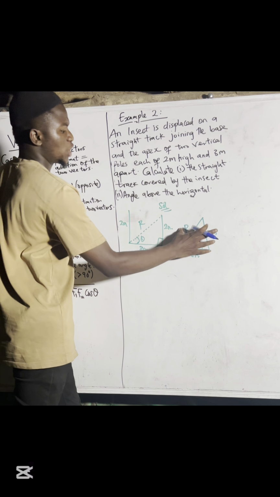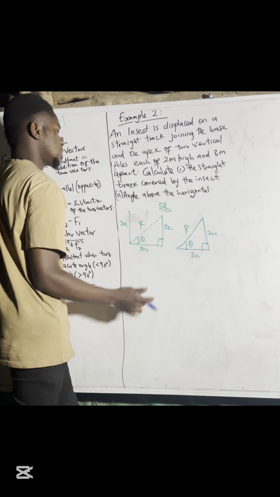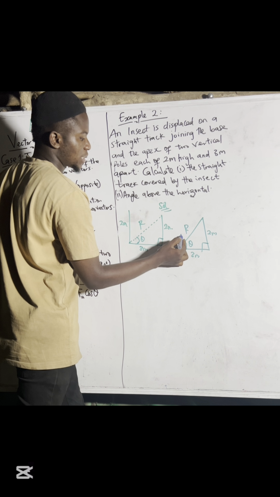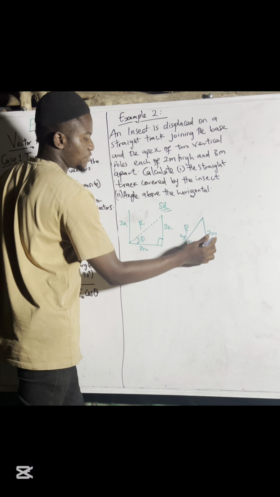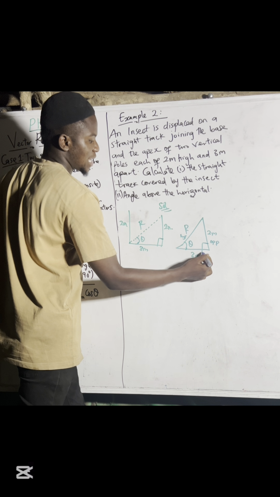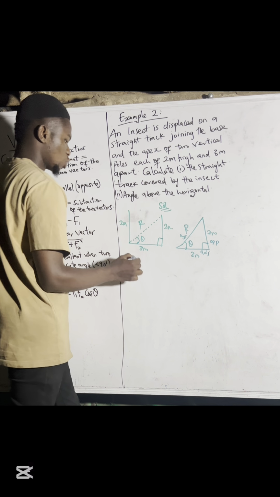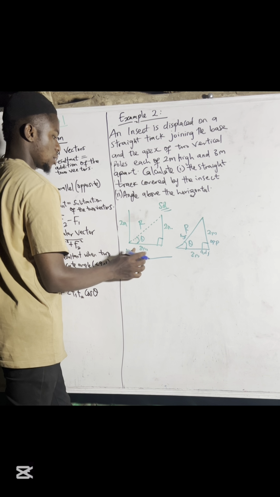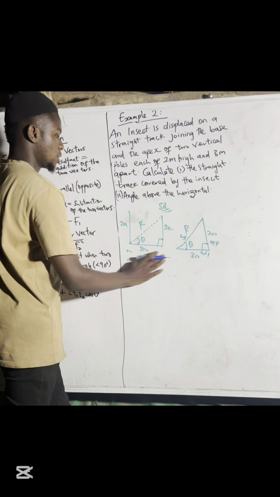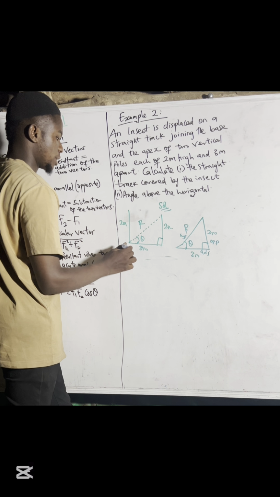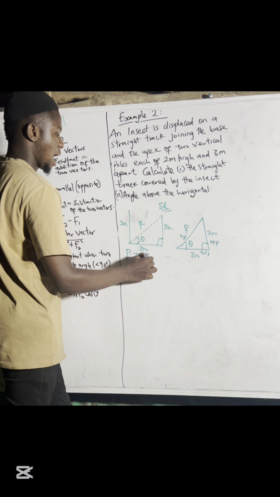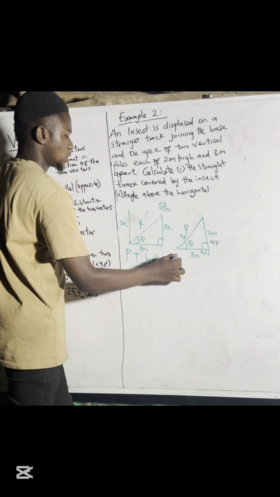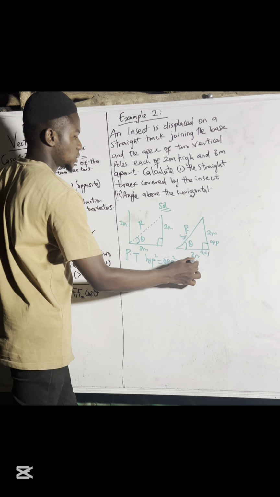Whenever you have two perpendicular vectors and you have to look for the resultant, you can just use the Pythagoras theorem here. This is the hypotenuse. This, theta facing, is the opposite. And the last side is the adjacent. So I'll just say R equals, using Pythagoras theorem, hypotenuse squared equals opposite squared plus adjacent squared.